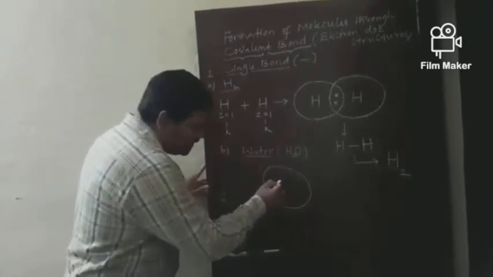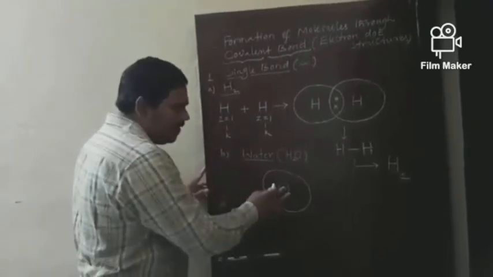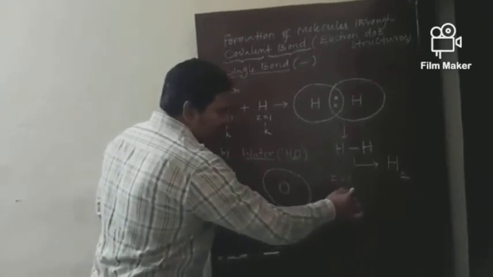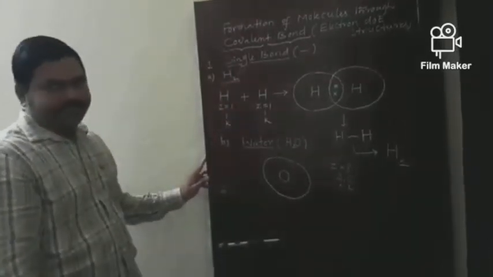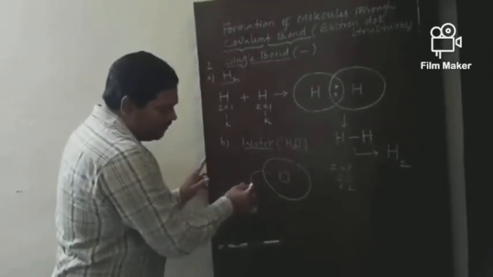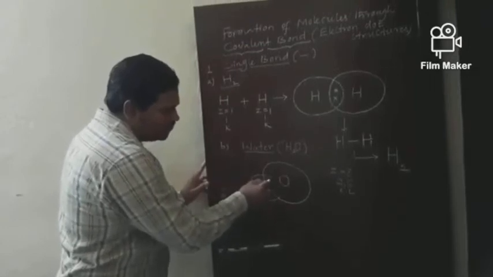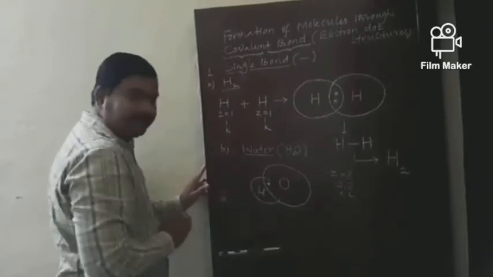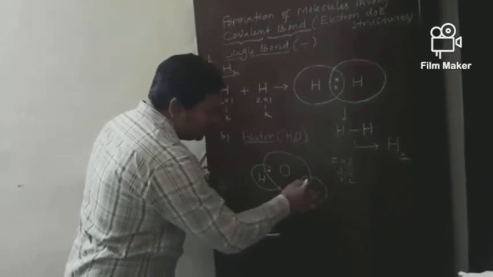Now this big circle is meant for oxygen. You know? And according to the data, oxygen atomic number 8, configuration 2, 6. How many valence electrons are there? 6. Out of the 6 valency electrons, one electron is contributed to the first hydrogen, and the second valency electron is contributed to the second hydrogen.